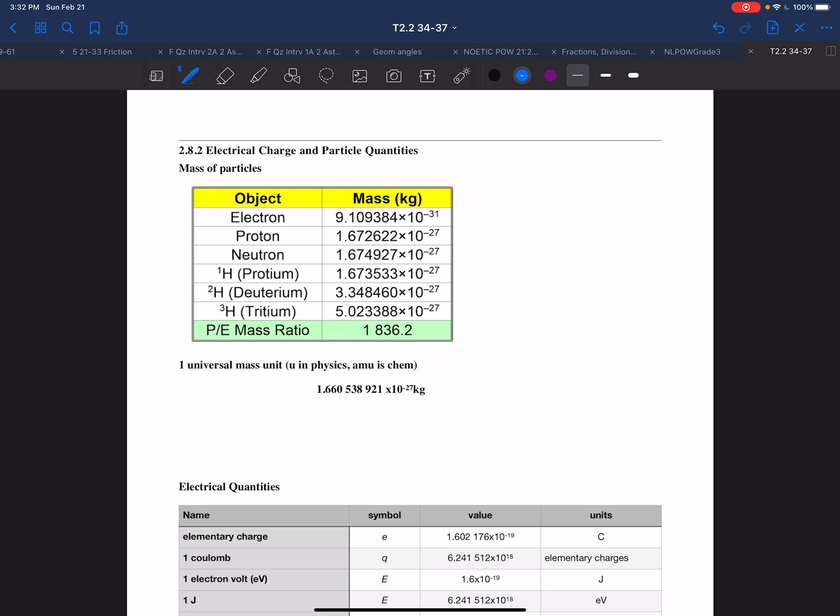Initially, if we look at the ones place, the same, tenths place, the same, hundredths place, the same, but by the time we get to the thousandths place, there is a difference in those two. And when we look at protium, which is hydrogen, we get a different number still. So in chemistry we have been trained to think of protons and neutrons as having the same mass, but in reality they don't, and we can see that a neutron has a larger mass.